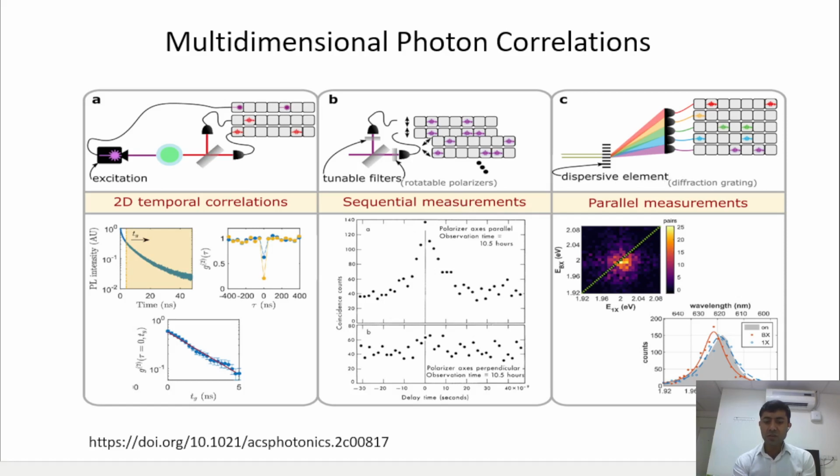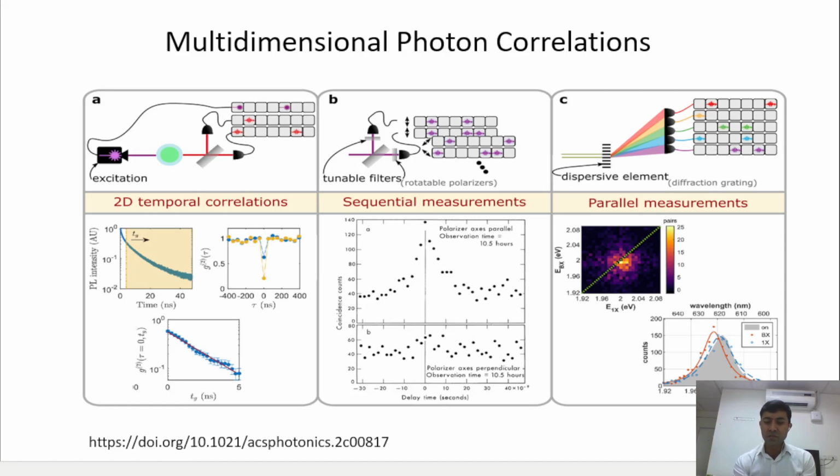Here in this figure, a diffraction grating is used to map photon energies to different pixels of this pixel detector. This allows parallel characterization of both the time of arrival and also the energy of each detected photon.